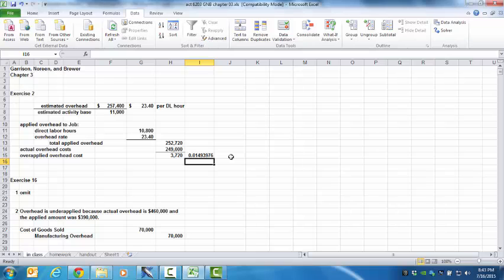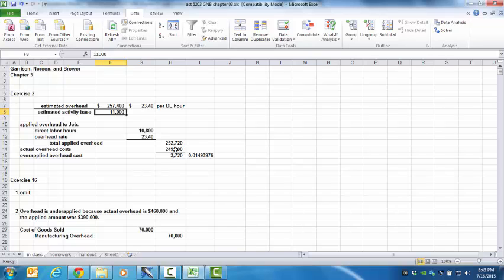That is an exceptionally well-functioning overhead rate. Now, if this had come up to be, say, 15%, not 1.5%, then I would say the overhead rate's not functioning very well and I need to do something about it. Go revise my estimated costs or come up with a better activity-based value or just a better activity-based period. But this is doing pretty good.